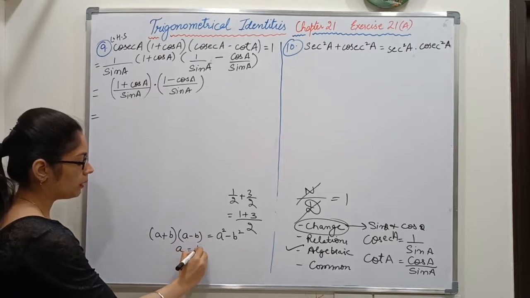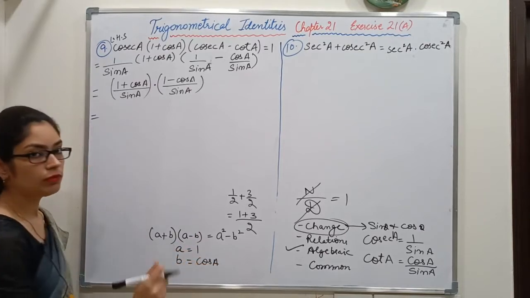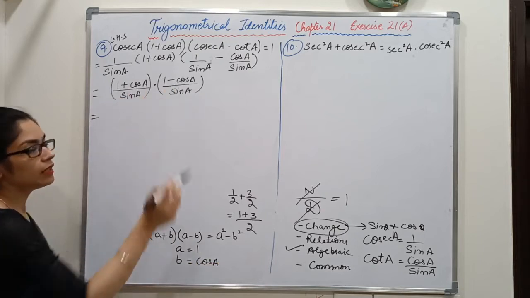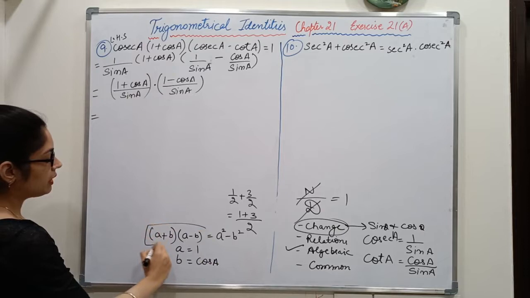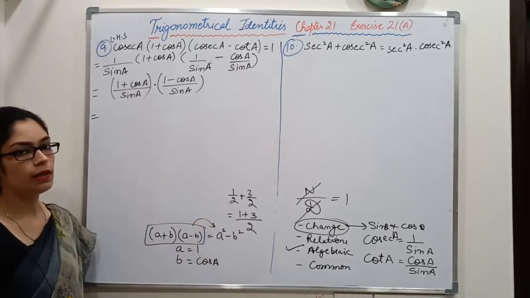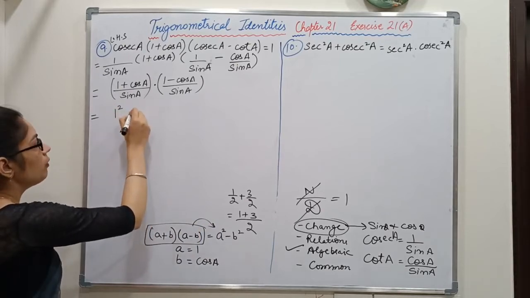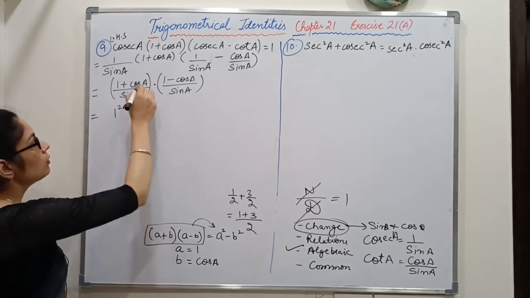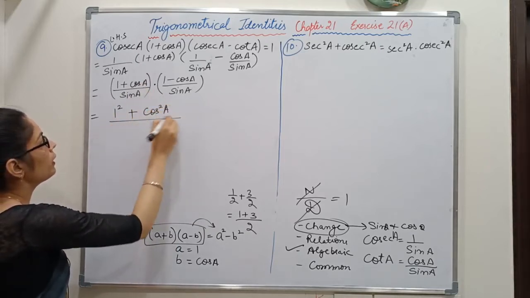Here my A is 1 and B is cos, because with cos only the different signs are there, so that is our B. Let's change it to this form, A square minus B square. A square means 1 square, which is 1, and B is cos, so it will be cos square A.